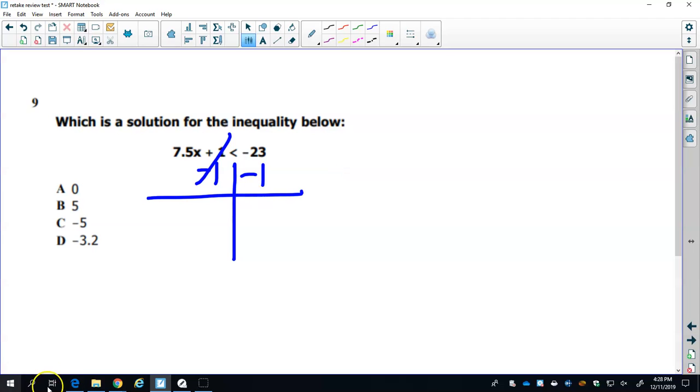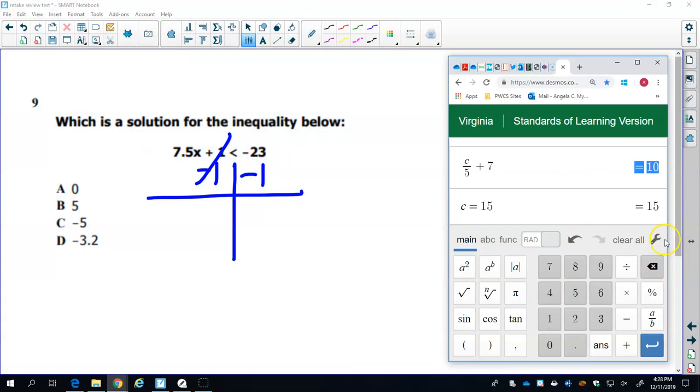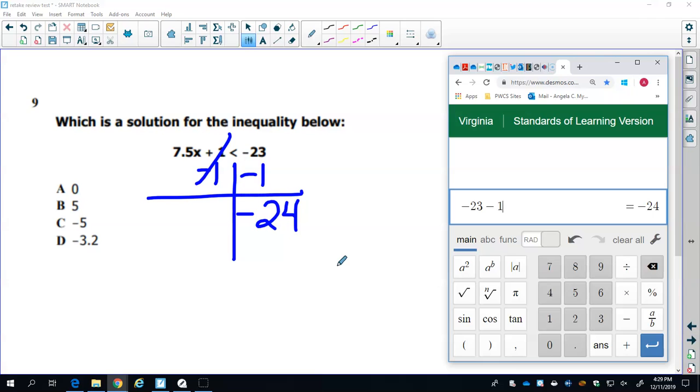So negative 23 minus 1, if I put that in my Desmos calculator, it's negative 24. So negative 24 is on this side, and then I bring down my 7.5x. I'm going to undo multiplication by dividing both sides by 7.5.